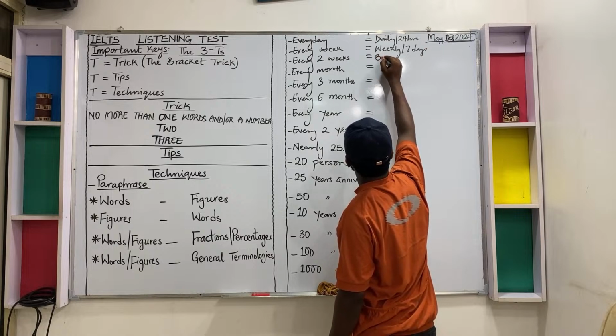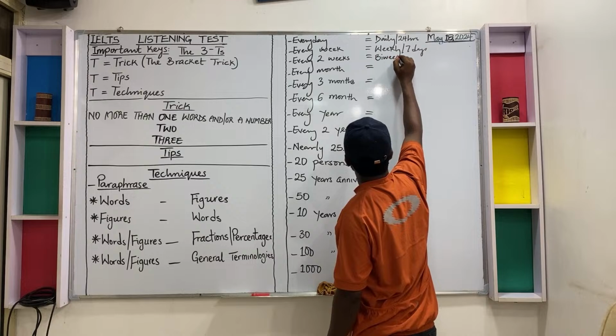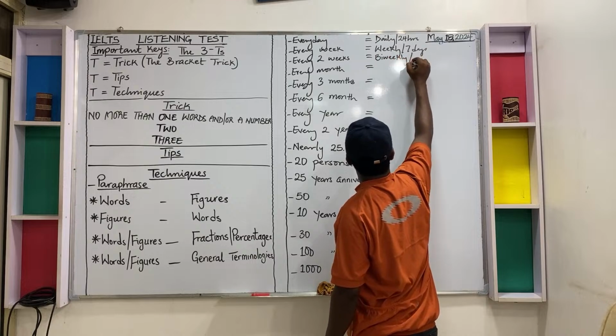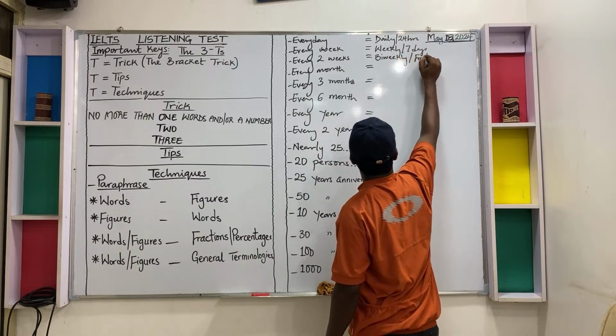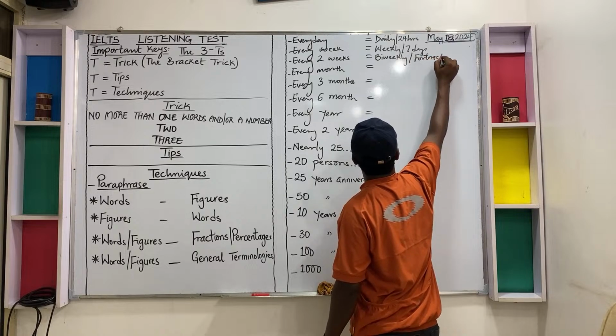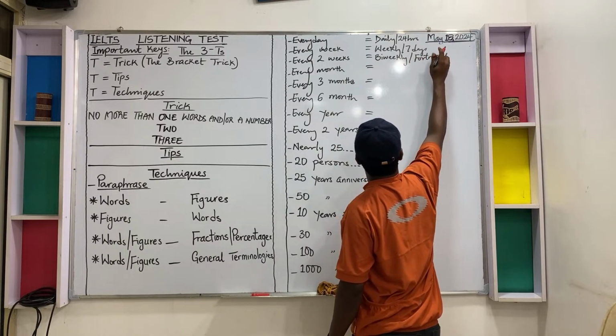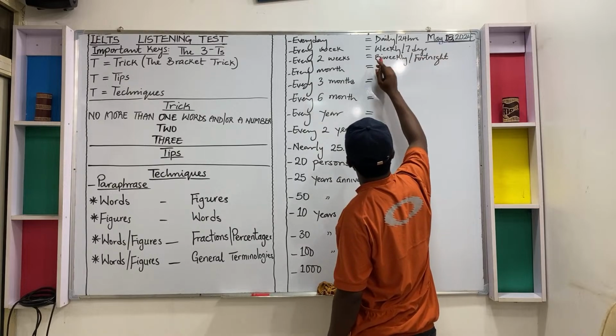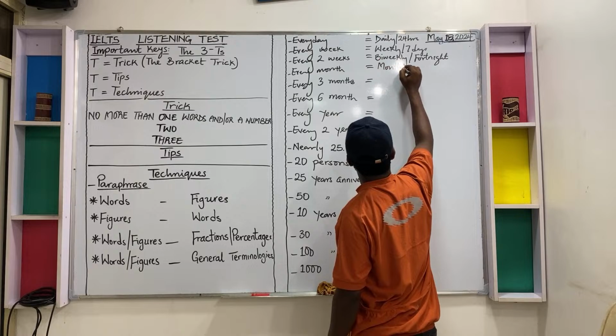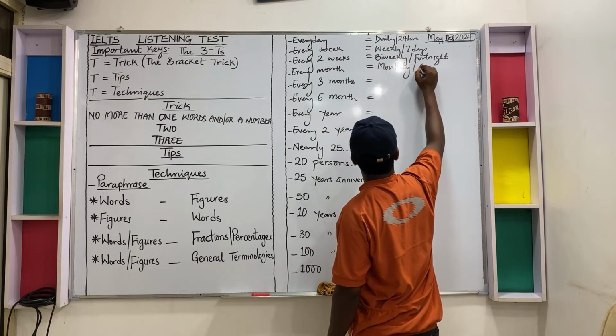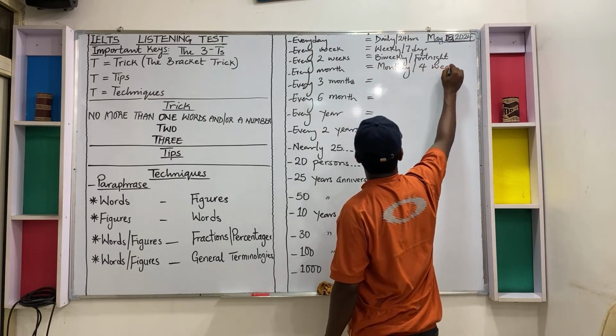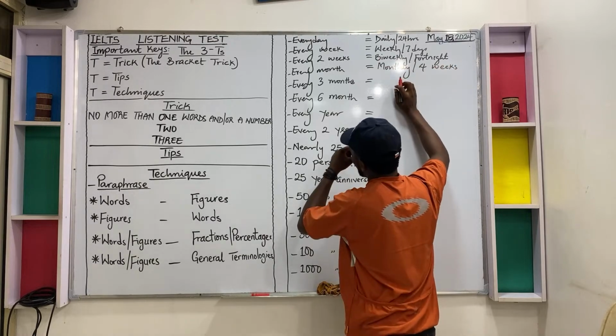It can be bi-weekly or fortnightly, every fortnight. Monthly, or every 4 weeks.